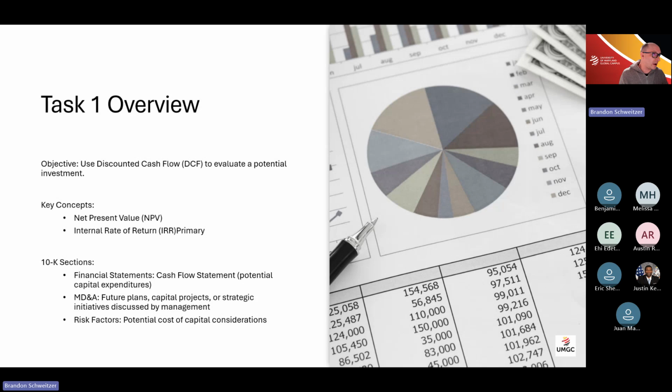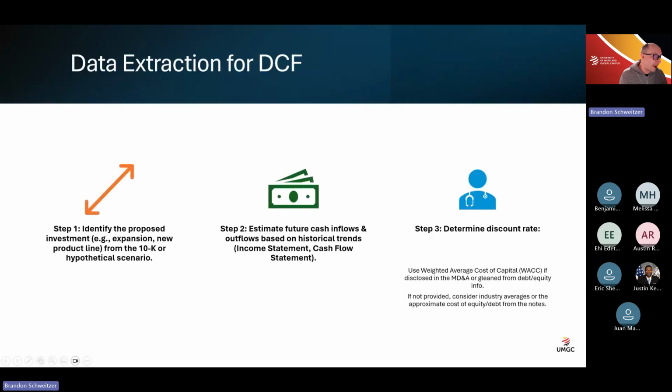Okay, so when it comes to extracting data for the discounted cash flow model, the first step we want to engage in is to identify the proposed investment by looking at the 10K management discussion and analysis section or any type of hypotheticals that you might come across in doing your research on your company.